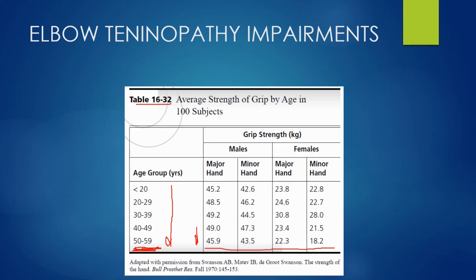So you could project from this that some loss of strength in the 60 to 69 age range would be considered a result of normal aging. And I would say perhaps a strength grade loss of about 10% over these values could be considered within normal limits in the 60 to 69 year age range.